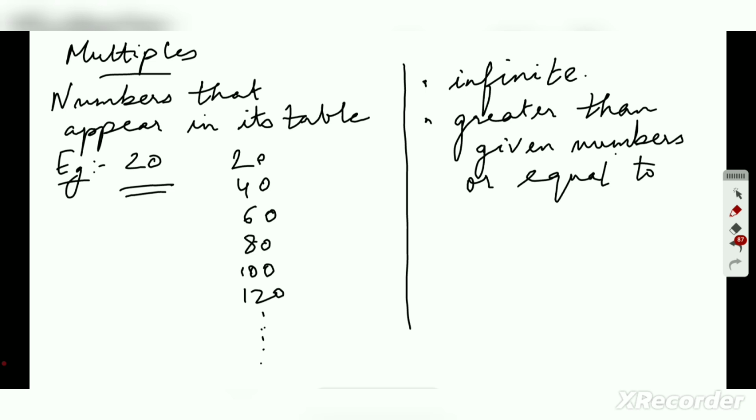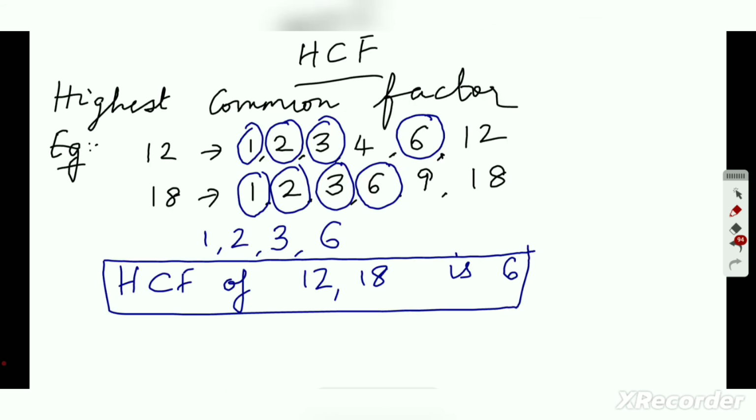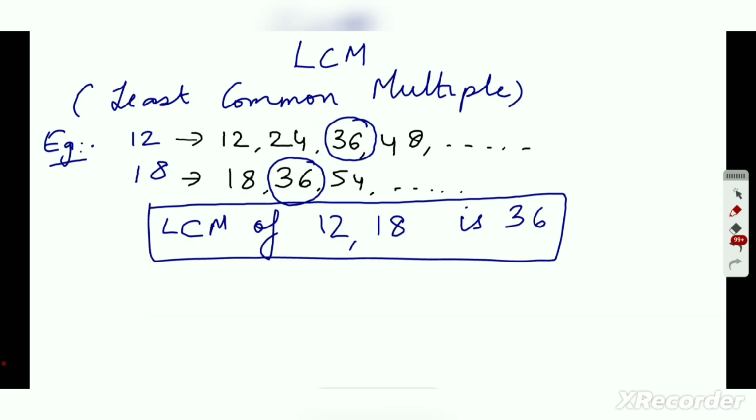Similarly, we have found out the multiples of 20 and then some points to remember about multiples. Next, we have learned HCF, highest common factor. We have explained it with an example of 12 and 18, how we find out the HCF. Next, LCM, that is the least common multiple. Again, we have taken the example of 12 and 18 and found out the LCM.